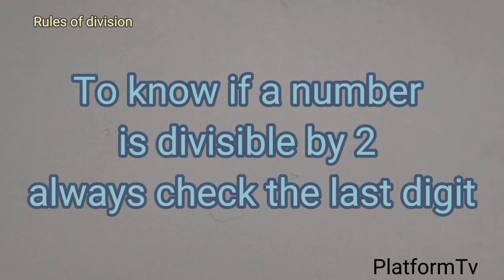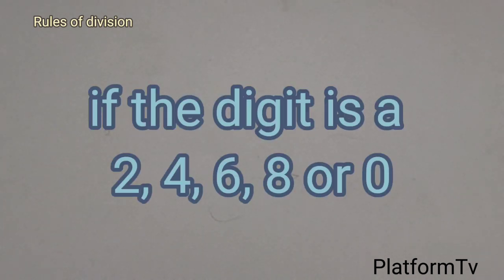Now, back to how to know if a number is divisible by 2, all you have to do is to check the last digit. If it's a 2, a 4, a 6, an 8, or a 0. Example, let's write it out.